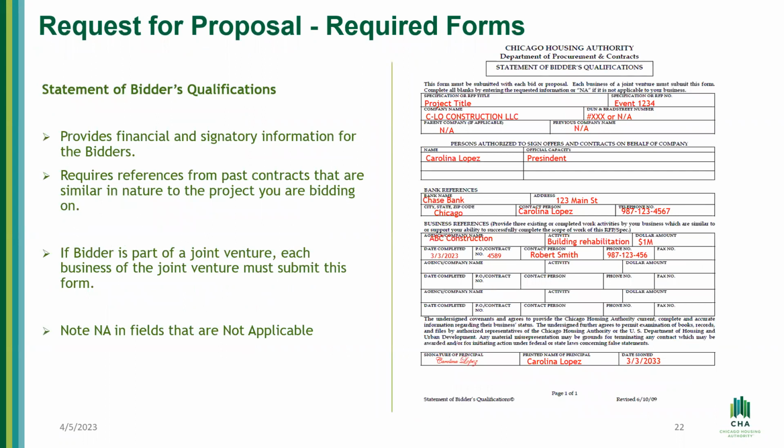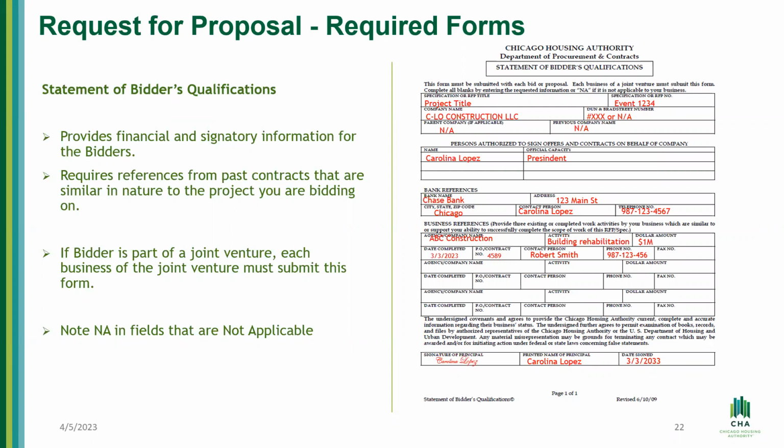Every firm has to fill this out. If you are not a joint venture, you would only submit one form for your own firm. So for this example, you would just put that it is not a joint venture, so there's only one. In this particular instance, it does not look like they're a joint venture, so there will only be one form. Okay.